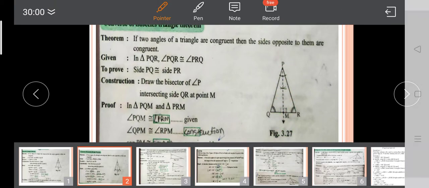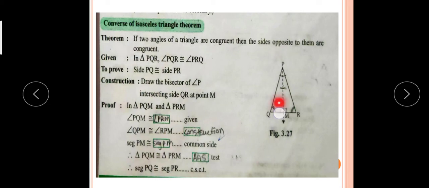This is given. Because of the angle bisector, angle QPM is equal to angle RPM, and PQM is equal to PRM. One is given, one is by the construction. Now segment PM is common between them. Therefore, by the AAS test, these two triangles are congruent and therefore their corresponding sides are congruent. That is PQ is equal to PR. Finish.